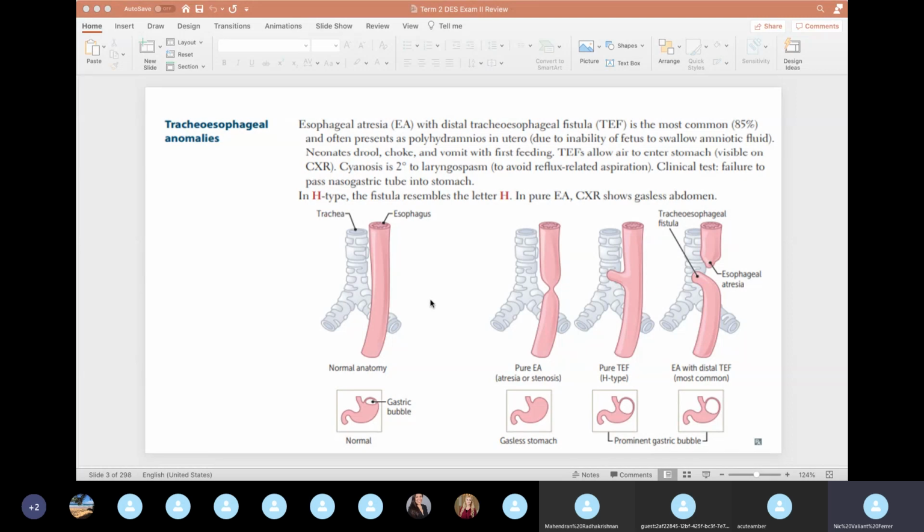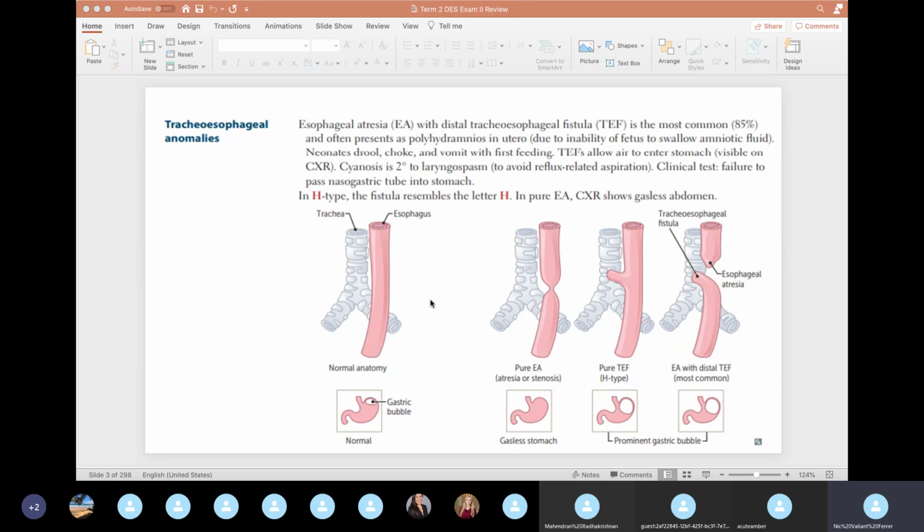So what can you see in the neonate who has a TEF? They drool, they choke, they vomit with the first feeding. Remember, TEFs allow air to enter the stomach, so you can actually see a gastric bubble on a chest x-ray. Of course, there is cyanosis for the baby. Why? You have laryngospasm.